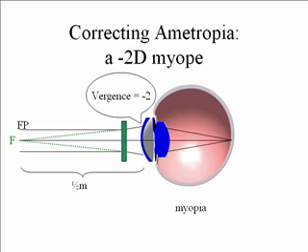The appropriate correcting lens has its secondary focal point co-located in space with the patient's far point. Now, the far point is immutable, but the lens doesn't have to be.